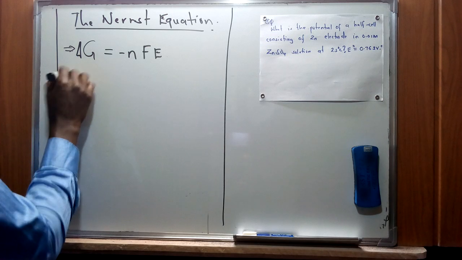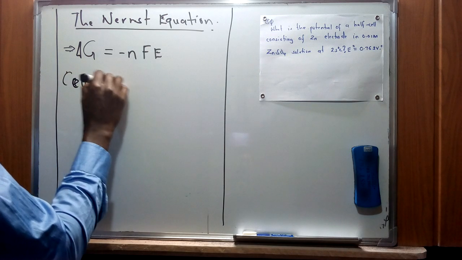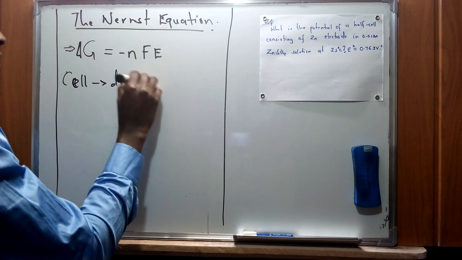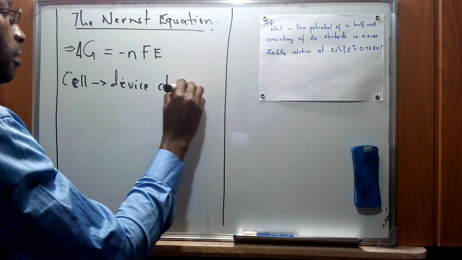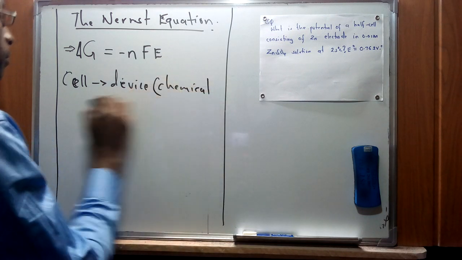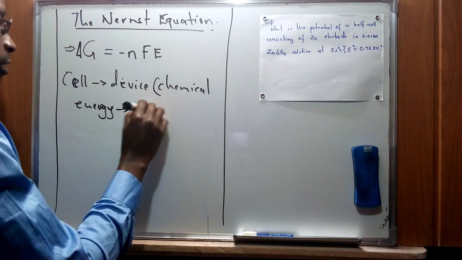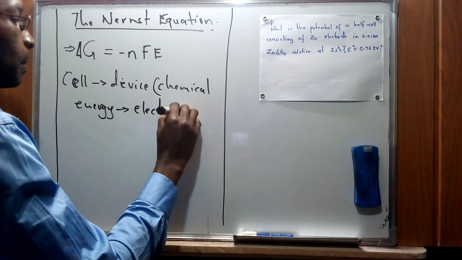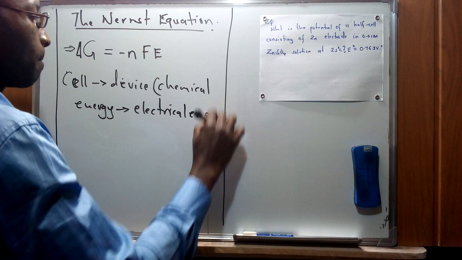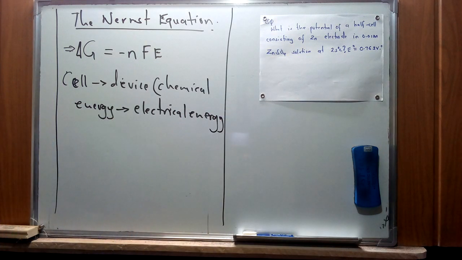We talked of the concept of a cell as a device that converts chemical energy to electrical energy in the form of chemical reactions which are taking place, and then there's a potential difference which is realized in the process. This gives us the concept of an electrochemical cell.